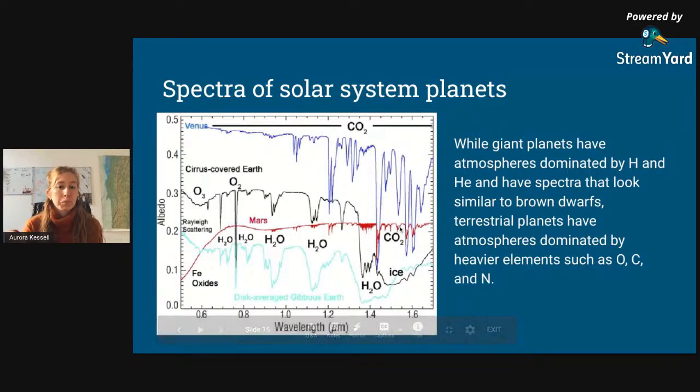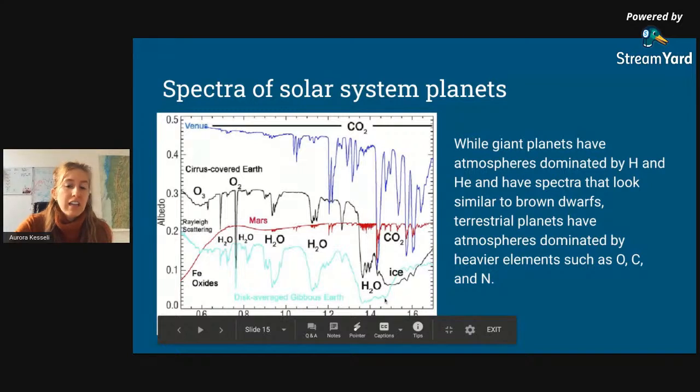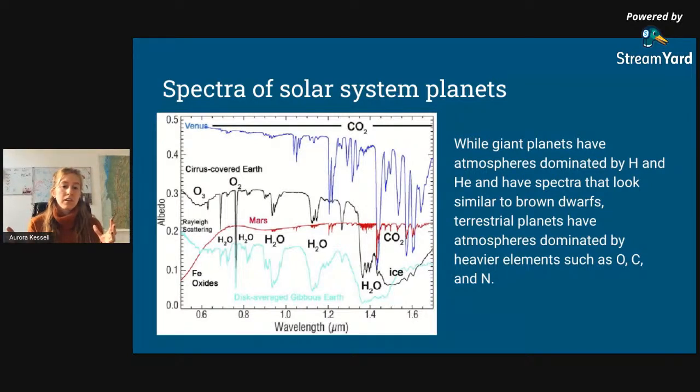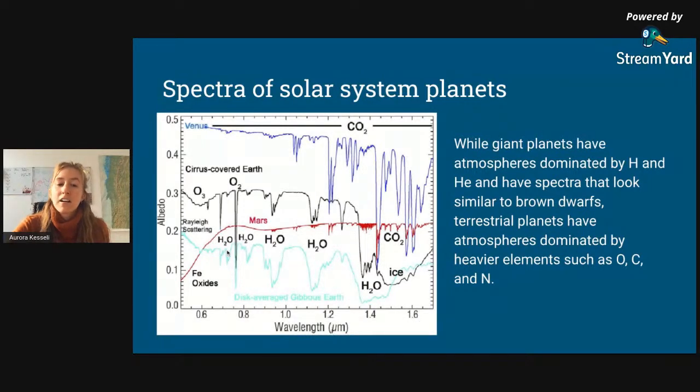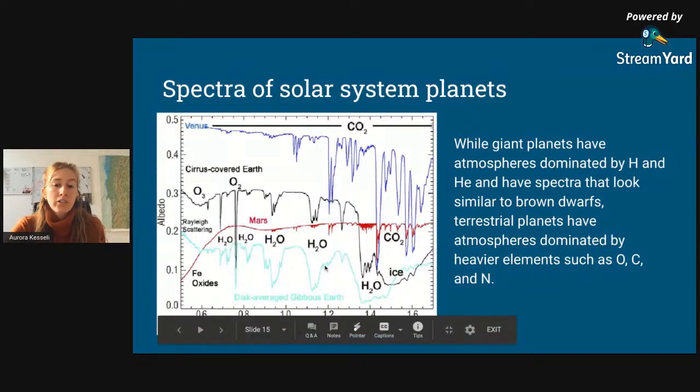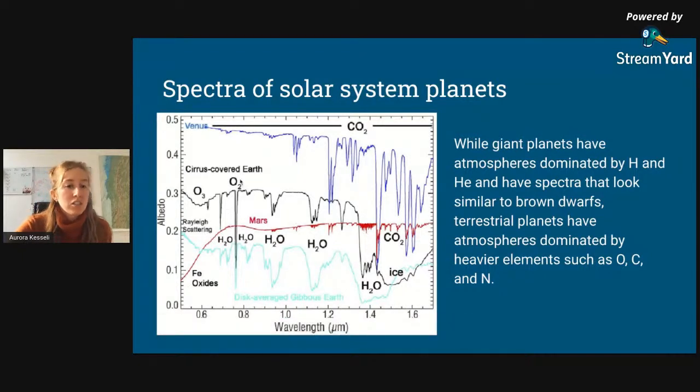So the atmosphere of Mars is pretty weak, and we do see a little bit of water and a little bit of carbon dioxide. And then here we have Earth, so they have both a cloud-covered Earth and the disk-averaged Earth in blue. And you can see that the Earth's atmosphere is very water-dominated, as we know, and there are some oxygen features and some ozone features.